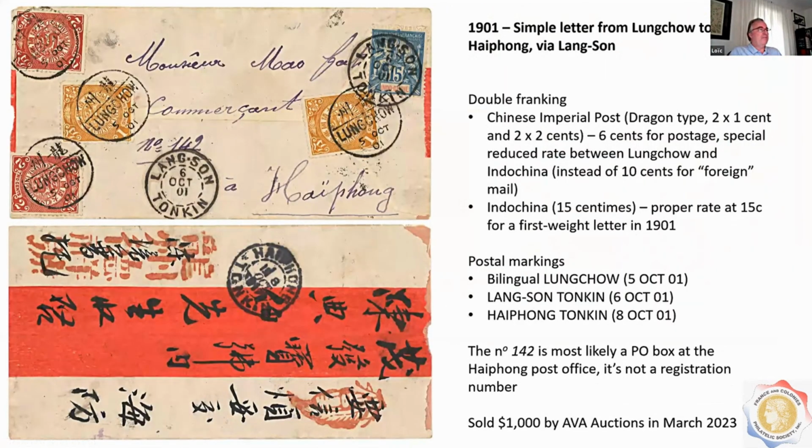Moving along, I'm going to start here with a full series of letters to the same recipient, Mr. Mao Fat in Haiphong. So this person does exist. We find references about Mao Fat as a Chinese trader in Haiphong.